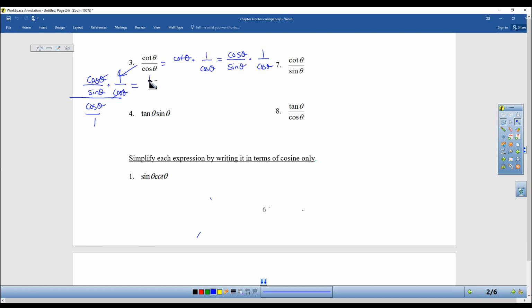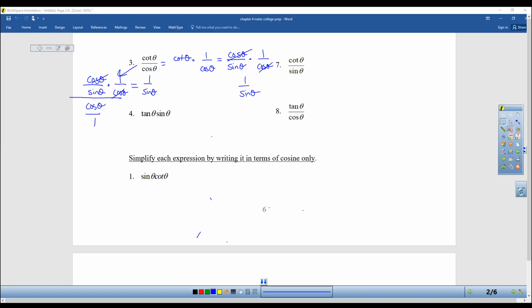The cosines cancel, and you get 1 over sine. But most people really struggle with the complex fraction. So it's easier for most people to separate it into two fractions. Now make cotangent cosine over sine. And then that gives you 1 over sine as your final answer.